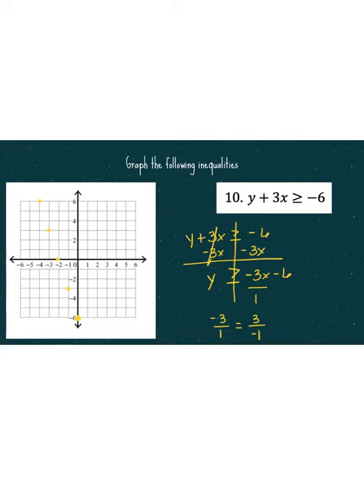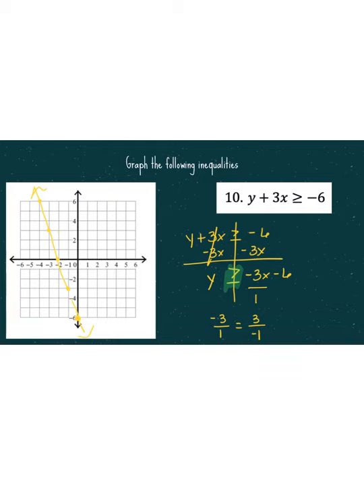There we go. And it has that solid piece on the bottom. So when we're looking at that, it has a solid line. So I know that this is going to be a solid line. Okay, and it says y is greater. So I'm going to find, whoops, that's wrong.